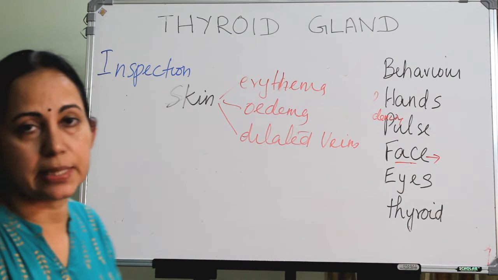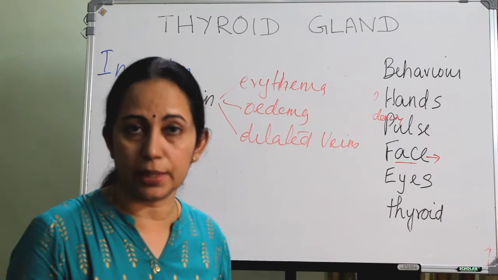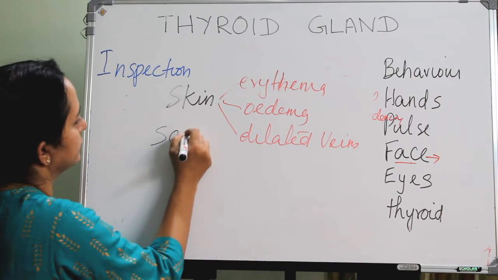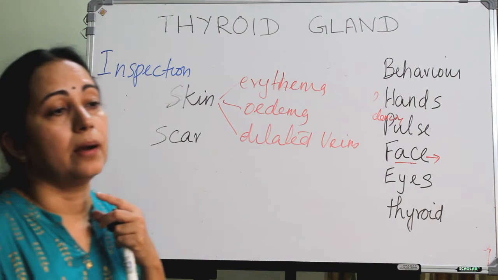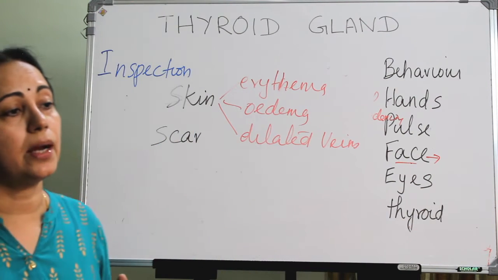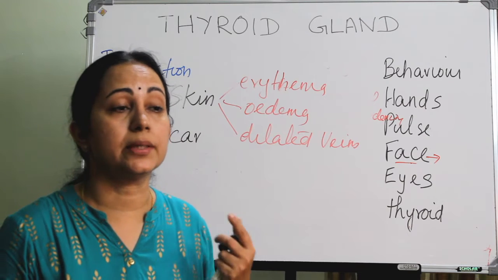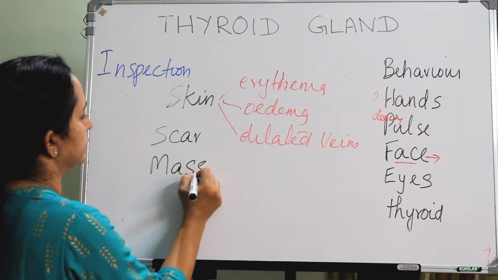The next thing you have to examine is whether there is any scar in the neck, looking for any previous thyroidectomy or any other surgeries in the neck. And then you have to examine for any masses in the neck. It can be a lymph node, a thyroid swelling, or a thyroglossal cyst, etc. So look for any masses.